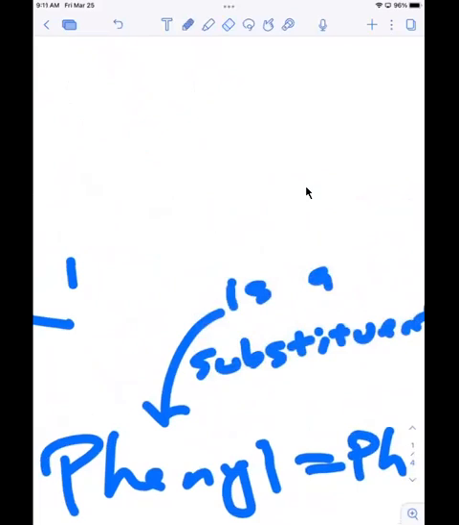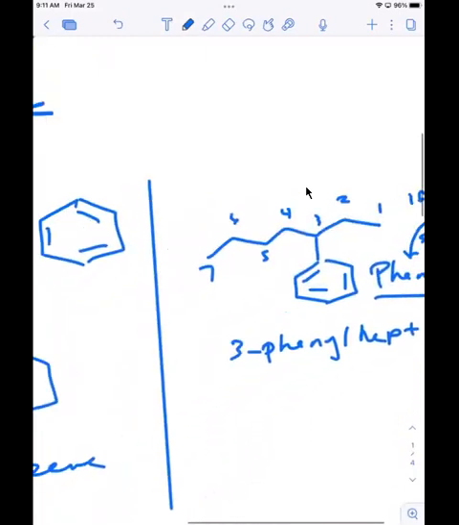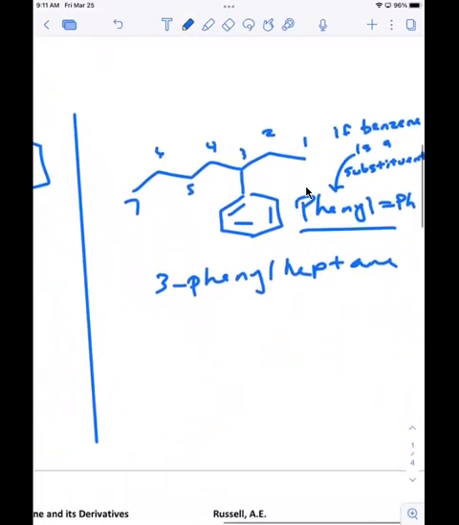And a lot of times you'll see that abbreviation often, especially in large molecules where space is a premium when you're trying to write out the whole molecule. You'll see those aromatic rings abbreviated as Ph. All right.